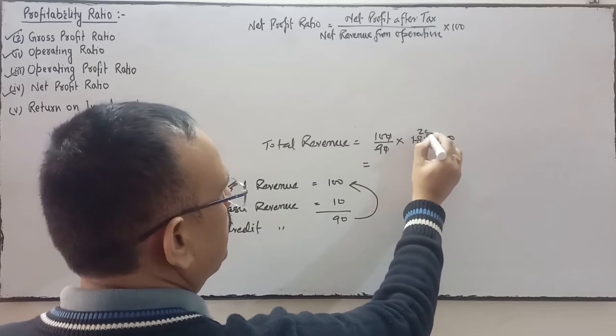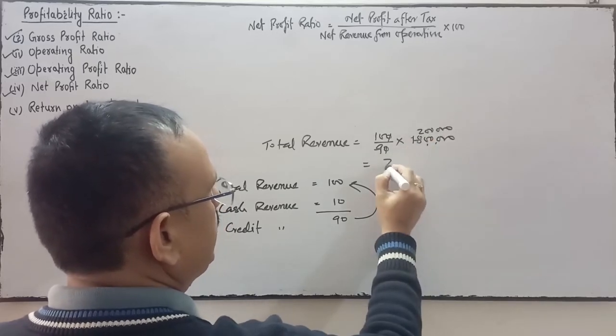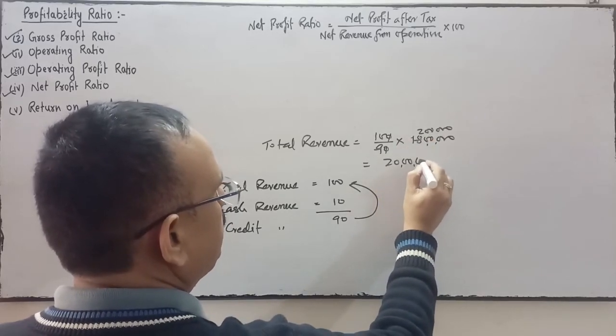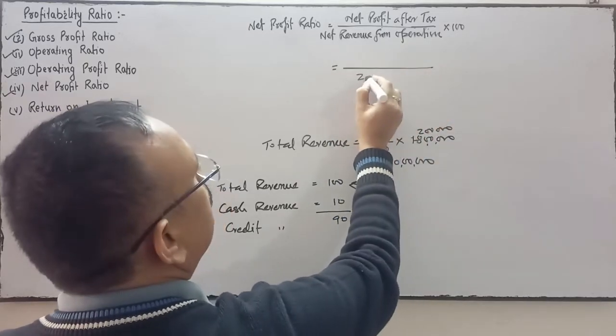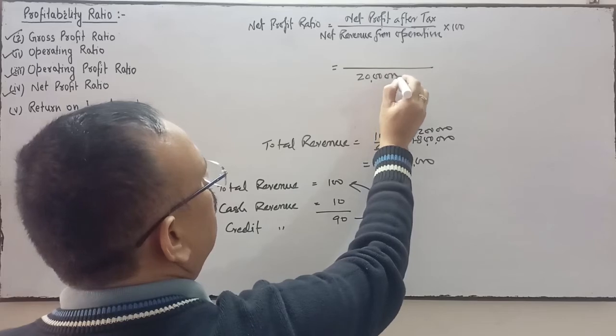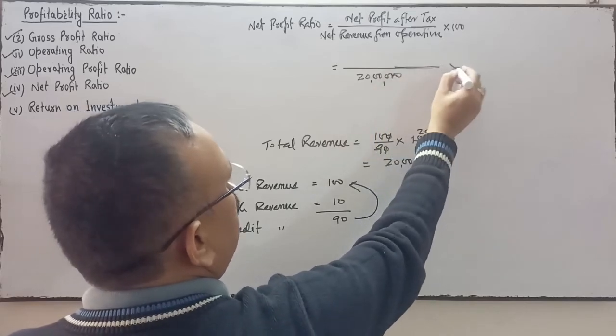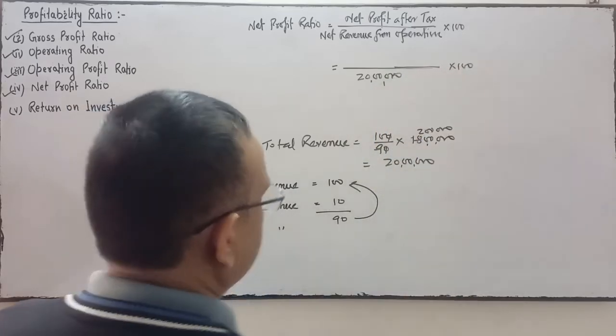Okay, so it is 20 lakhs. Total revenue from operation is 20 lakhs.